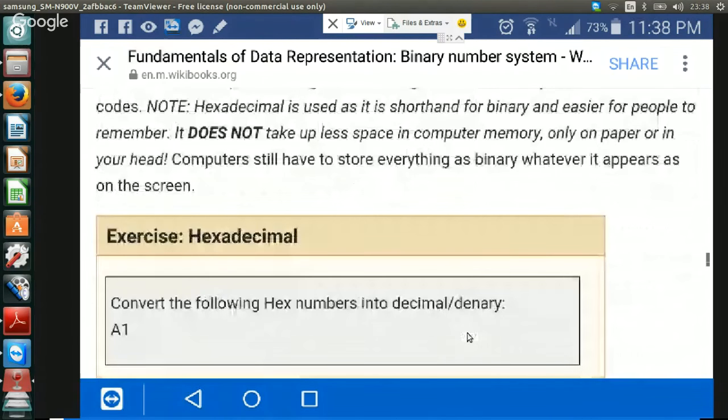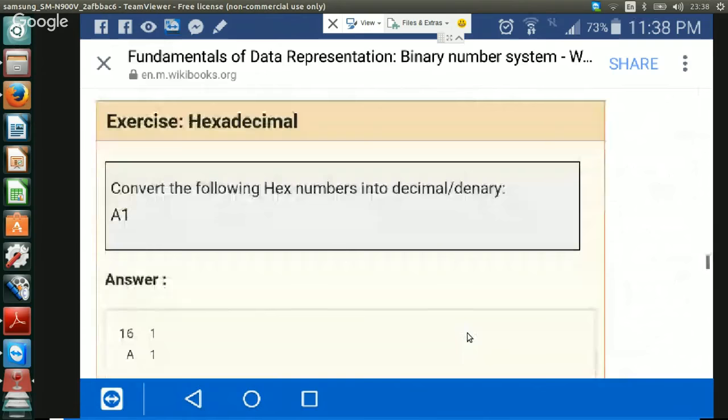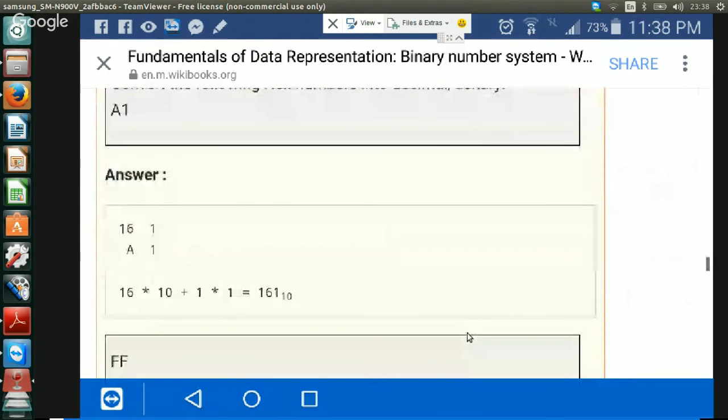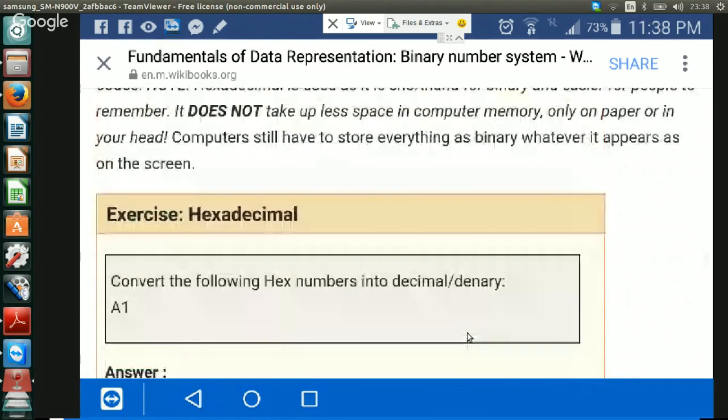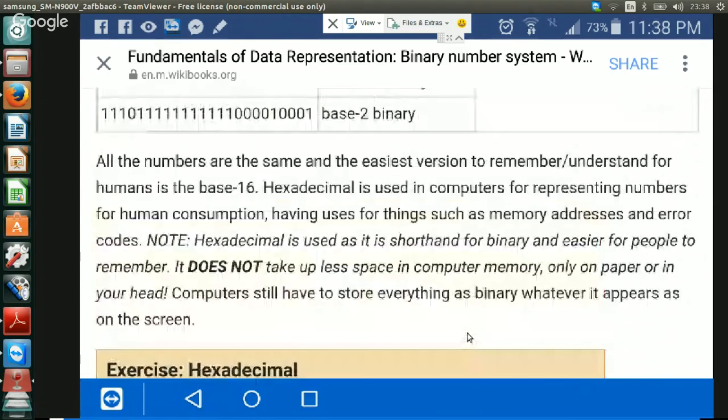So convert the following hex numbers into decimal numbers. Look, we have done binary to hexa, hexa to binary, binary to decimal, and decimal to binary conversions. How are we going to convert hexadecimal to decimal?